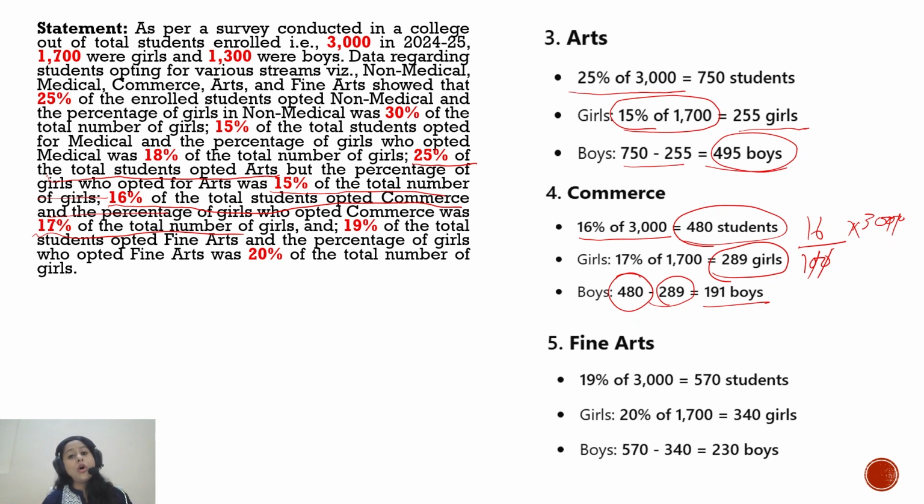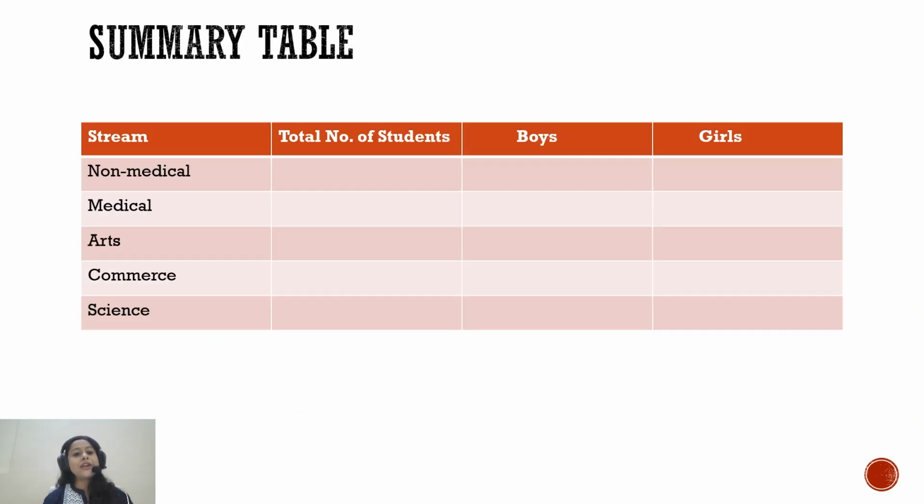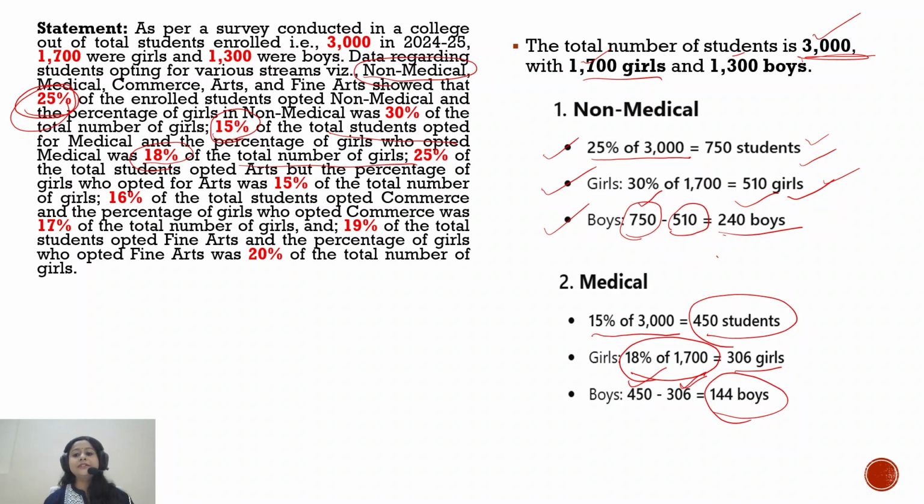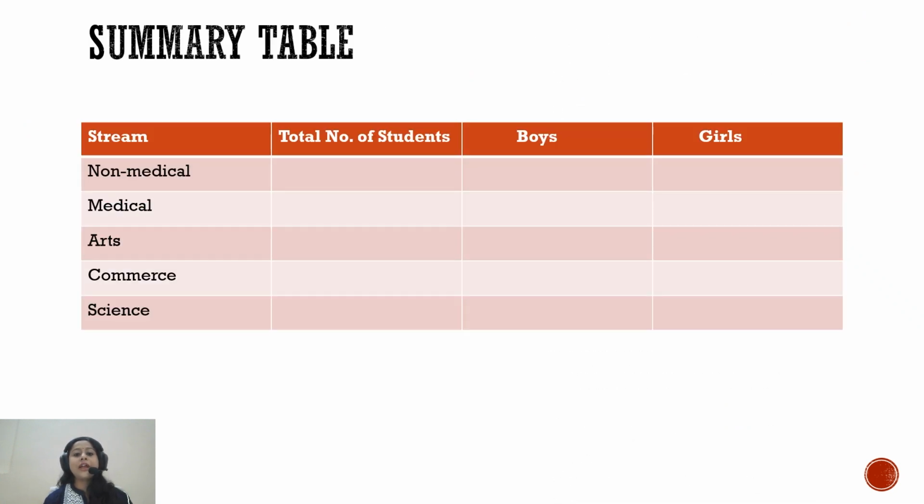So for all these streams, you have to calculate the total number of students, number of girl students, and number of boy students using these 3 steps. Once you have this data, you can fill up this table. I will go back and see that for non-medical, the total number of students who opted for the non-medical stream is 750, so I will write it here, 750.